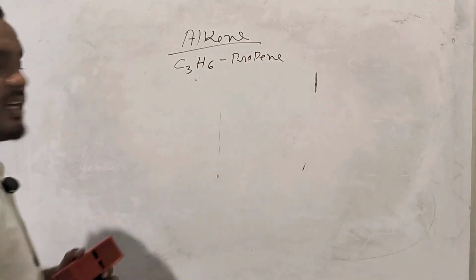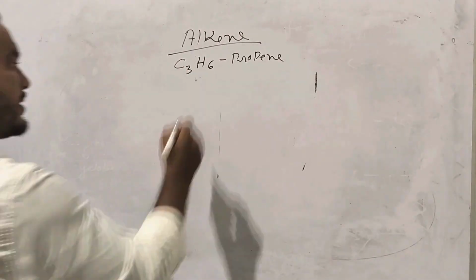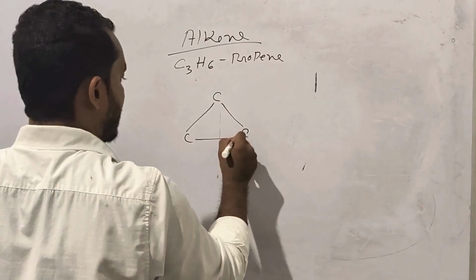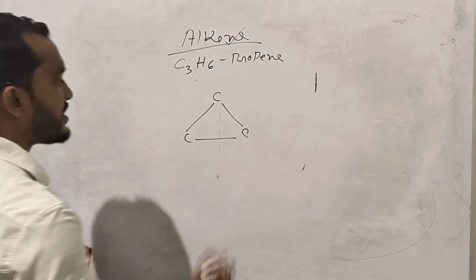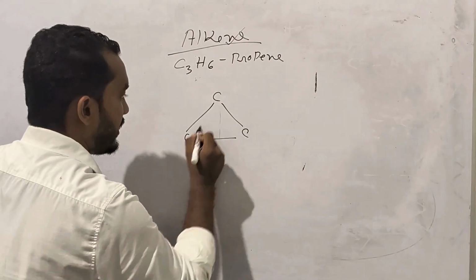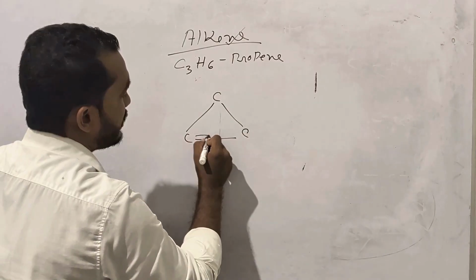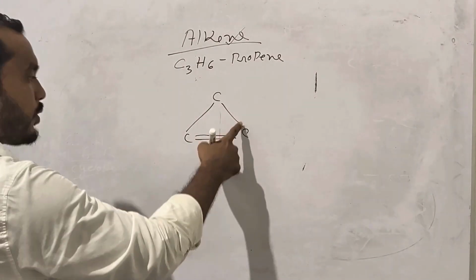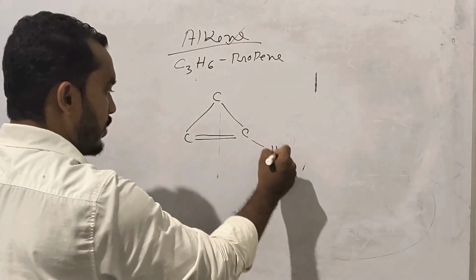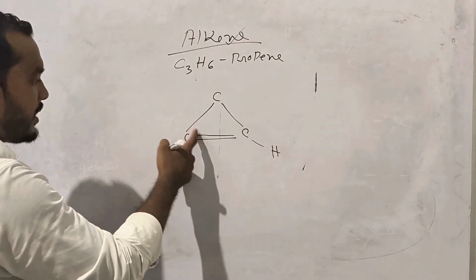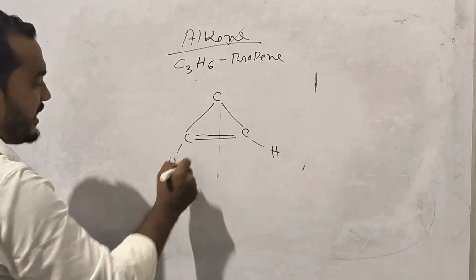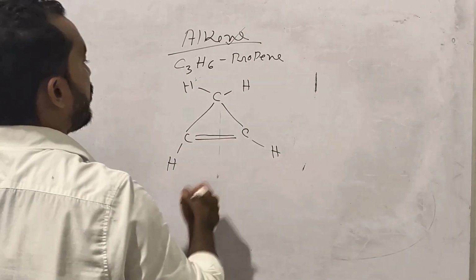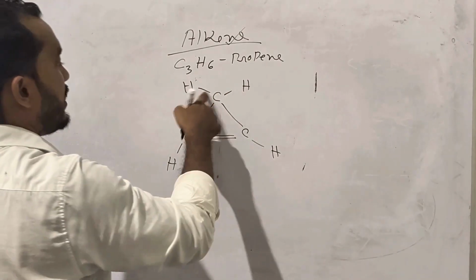If I draw the ring structure with this propene, you see, here like that, 1 carbon, and since it is alkene, somewhere in this ring I need to add a double bond. With this carbon already 3 bonds are there, so 1 bond. With this carbon I can add only 1 bond. With this carbon also I can add only 2 bonds, because surrounding this 2 bonds are there, so 2 more.